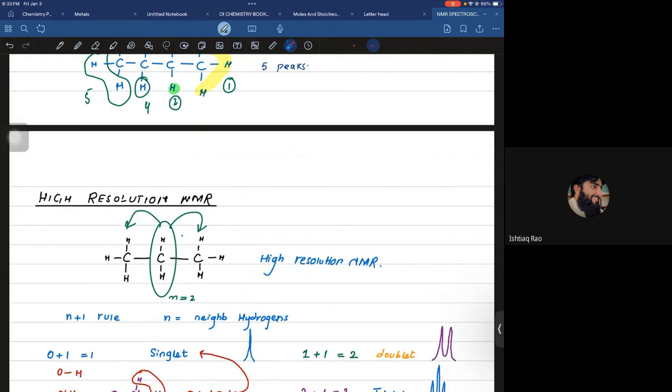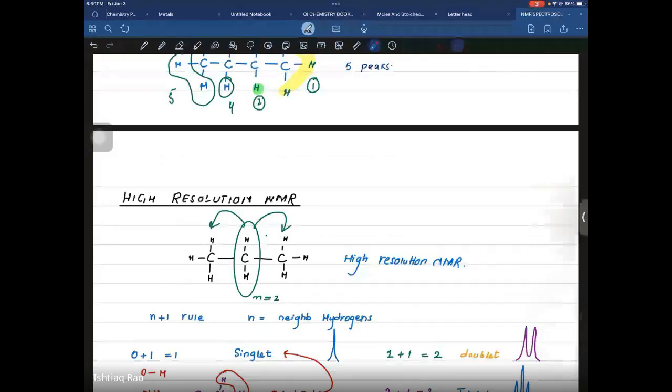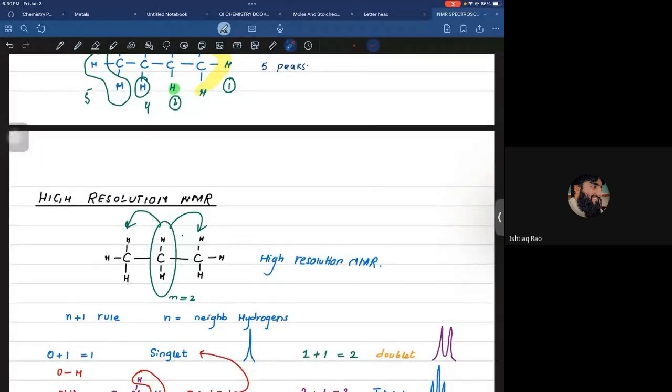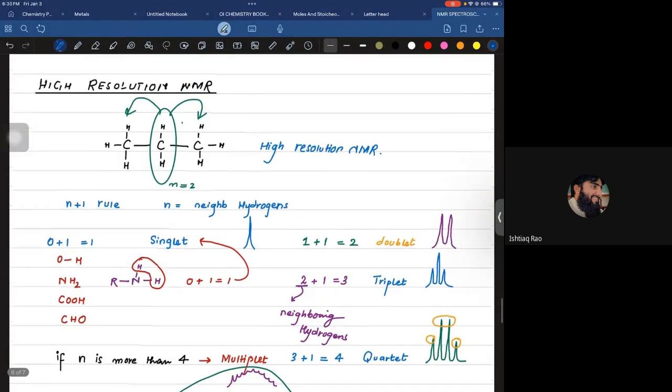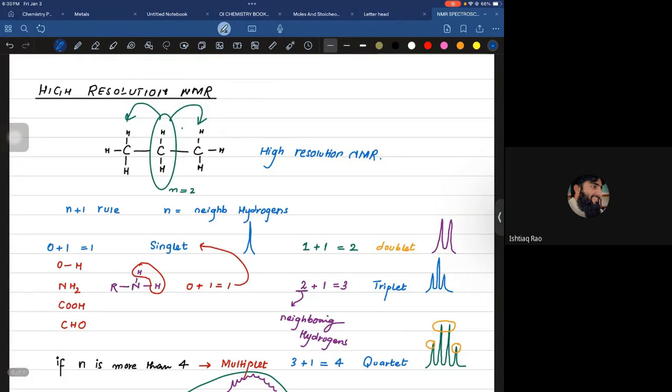I want to see what the exact structure is of the sample that we have put into the NMR spectrometer. After doing the low resolution NMR, we came to know how many different environments there are. तो we came to know कि भाई इसमें तीन है, इसमें दो है, इसमें वन है, इसमें फोर है, इसमें फाइव है, और एटसेट्रा. But when you do high resolution NMR spectroscopy, then we are going to discuss in a more efficient manner.